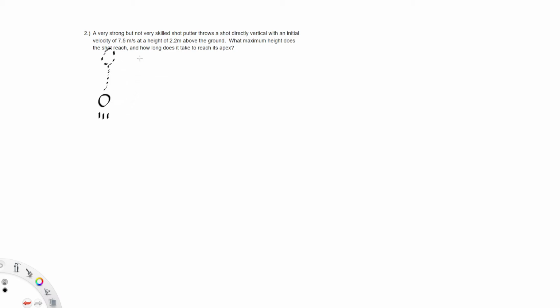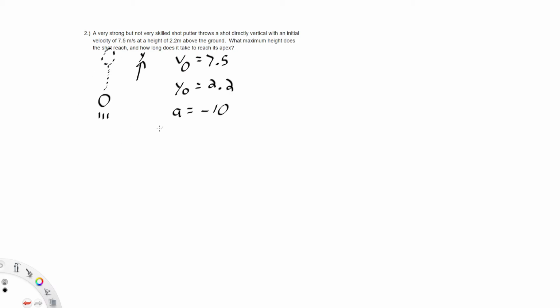So our initial velocity, all right, we're going to say that up is the positive direction, so that's the positive y direction. Initial velocity is 7.5. Initial height is 2.2. Acceleration is minus 10. That's from gravity.